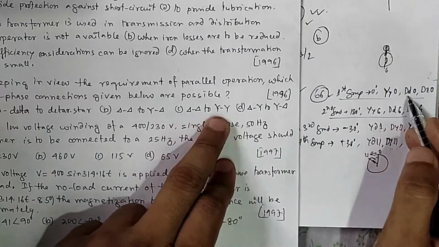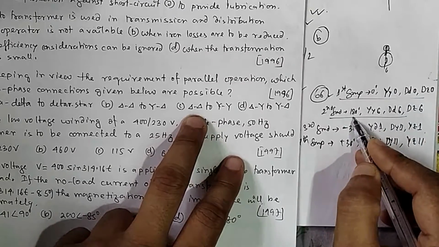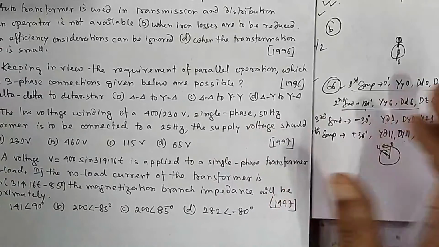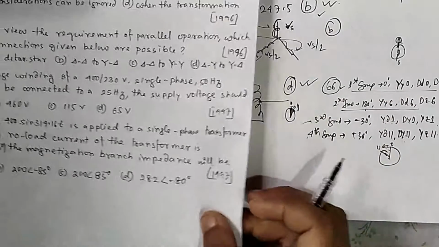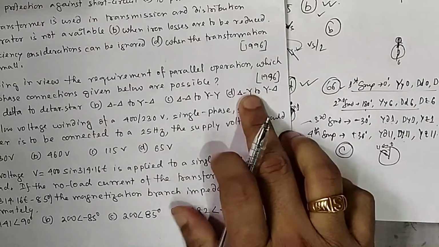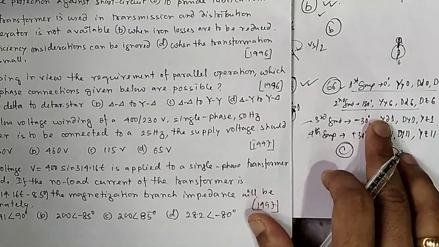So star star and delta delta, because there will be no change in angle. The 180 shift can be done if you change the phase sequence, otherwise it is always 0. So the common answer will obviously be option C. Option D is also possible, but with some modification in the connections.